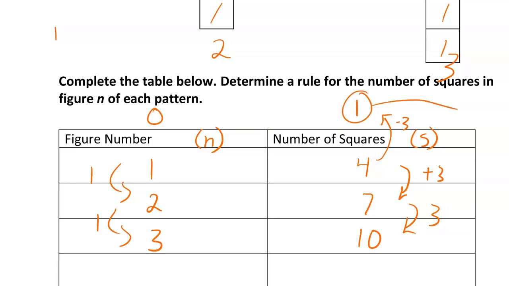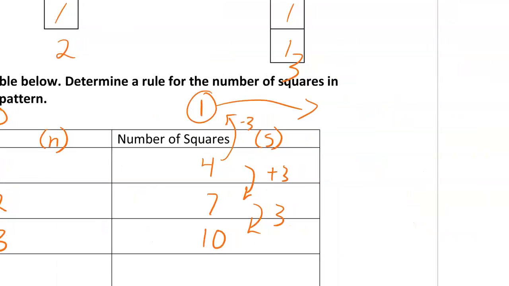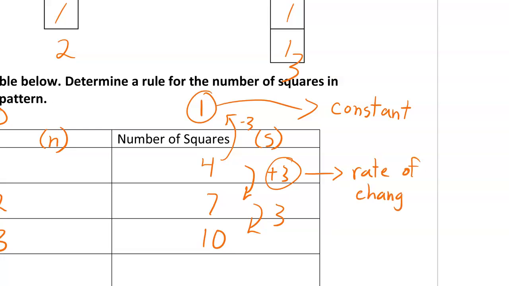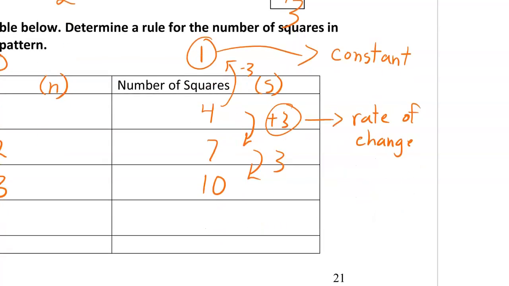Now this is, again, our constant. That's going to become important when we're writing out our formula, and this is our rate of change, which again is going to be important when we're writing out our formula.